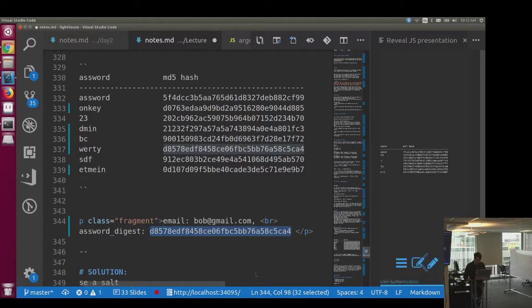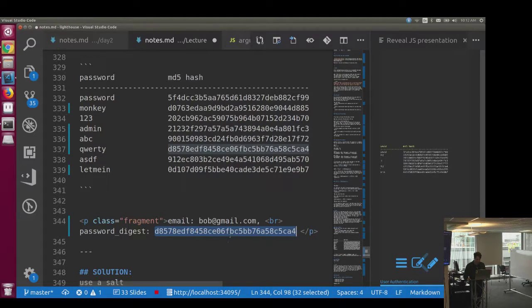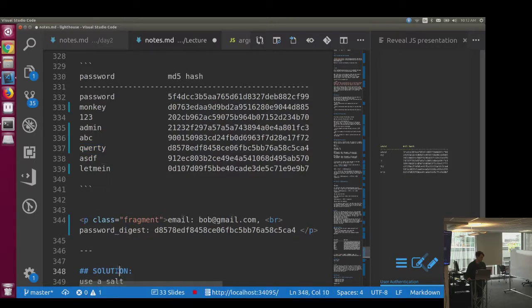Looking into our table, we can see that it matches QWERTY. So we're like, okay, Bob's an idiot. He used QWERTY for his password, and then Eve can break into Bob's other accounts as she wills.